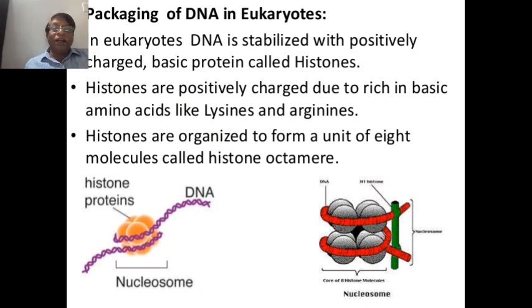That is, histones are organized to form 8 molecules called histone octamer. You can see the diagram. In the second diagram, you can see 8 histones. In the first diagram, you can see 4 histones, that is H2A, H2B, H3, H4.